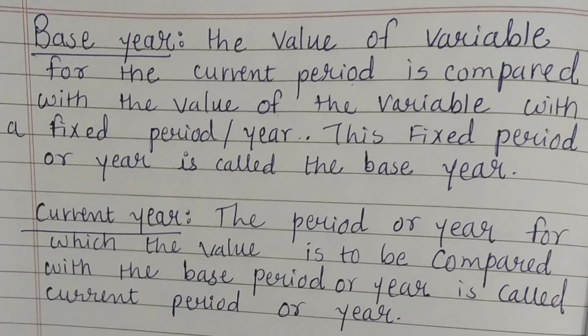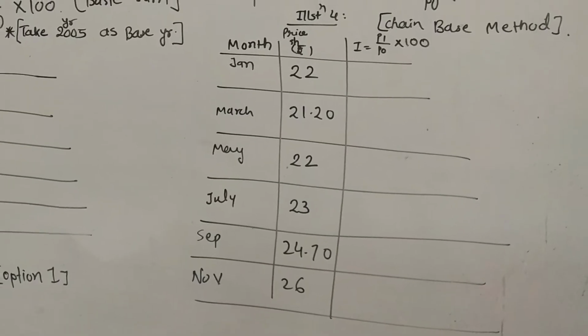The value of a variable for the current period is compared with the value of the variable in a fixed period or year. This fixed period or year is called the base year. Current year is the period or year for which the value is to be compared with the base period or year.